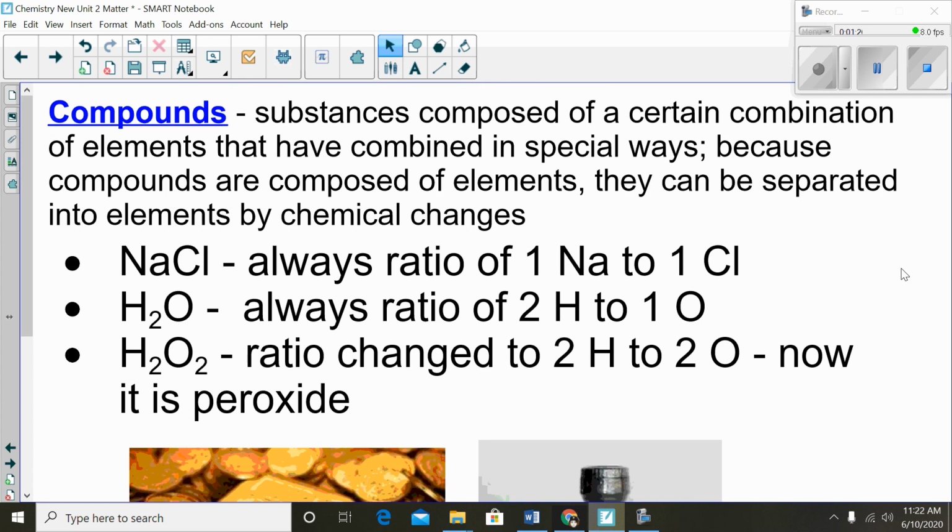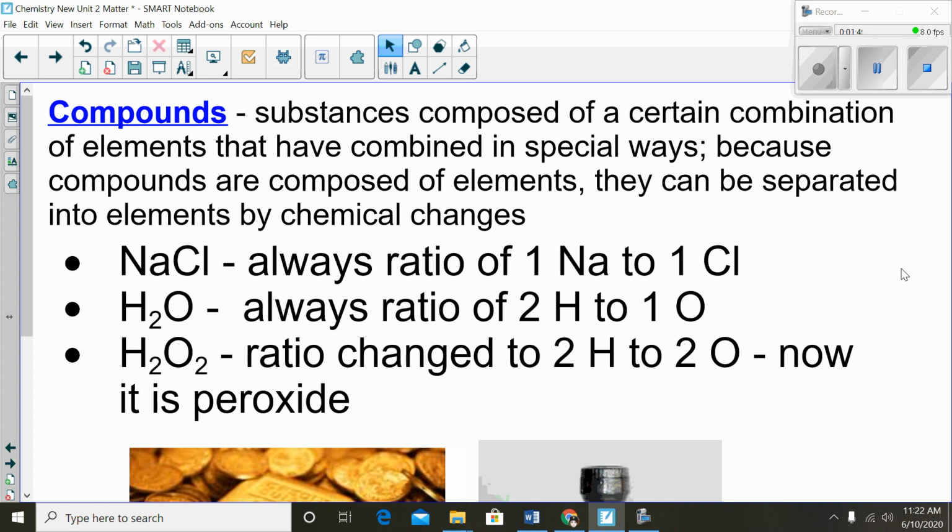Compounds. These are substances composed of a certain combination of elements that have combined in special ways. Because compounds are composed of elements, they can be separated into elements by chemical changes. So if you look at NaCl, this is sodium chloride, or we know this as salt. How do we know this?